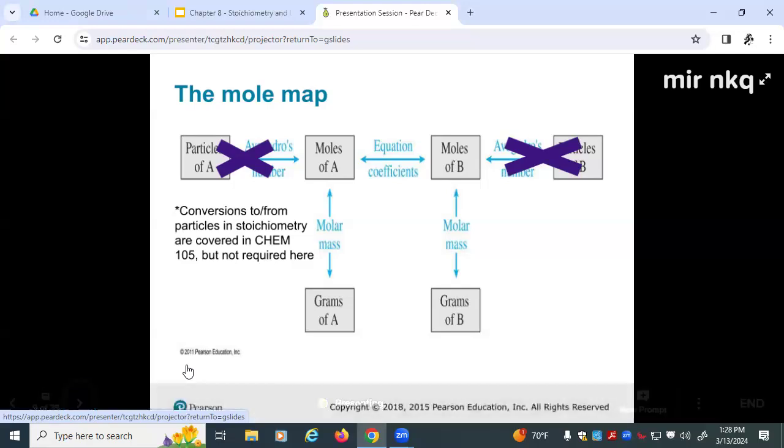So here's the mole map. Put it on the screen here. Now, one thing that you can do, these branches off to the sides here related to particles, you can cross those off of that map.